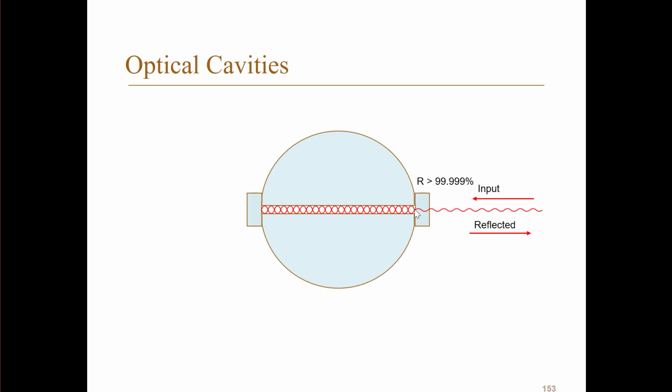And also, since our light is bouncing forward and back, forward and back, if we have something absorbing inside this cavity, the light passes it very many times. In the example, if we have 99% reflectivity, it on average passes 100 times. But if we have 99.999%, then it will pass through the sample inside here 100,000 times.